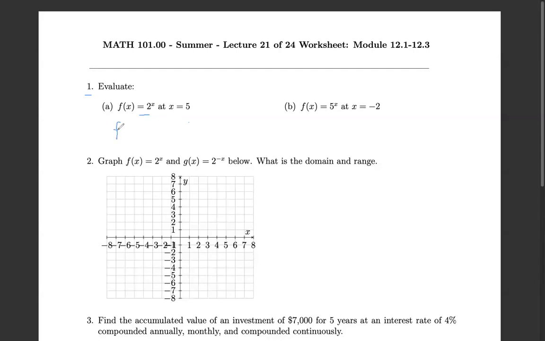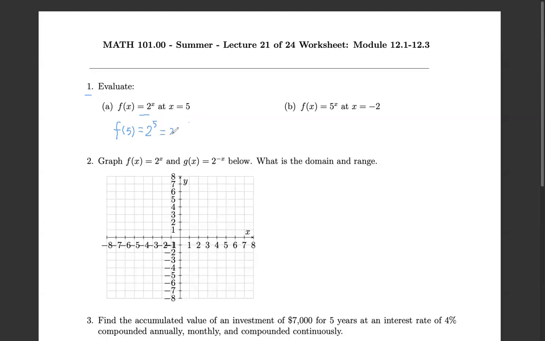So we just read it as f of 5, because x now equals a specific value, 5. So that's 2 raised to 5. X is the input. The function is defined as 2 raised to the input. So the input now is 5, so we raise 2 to 5.